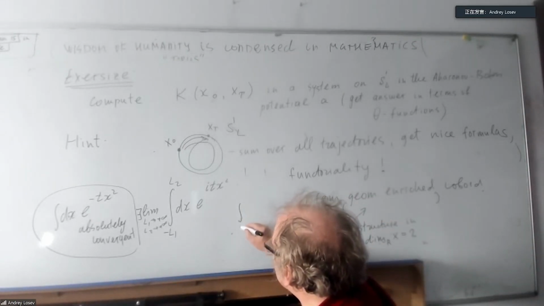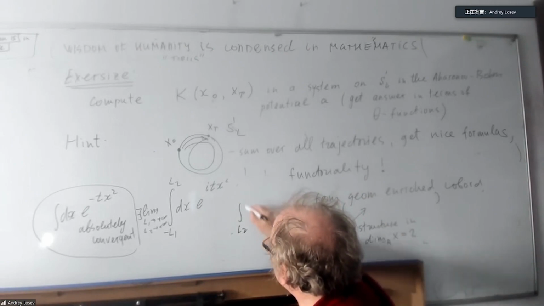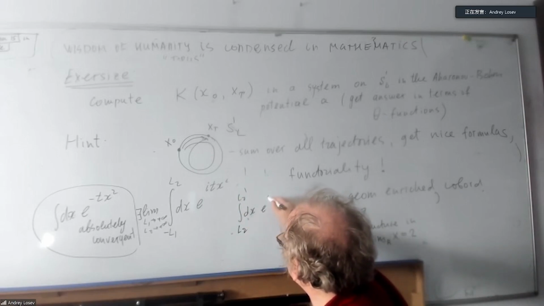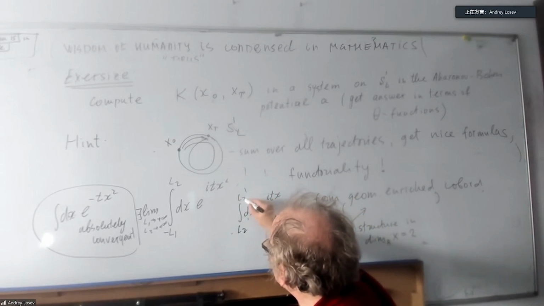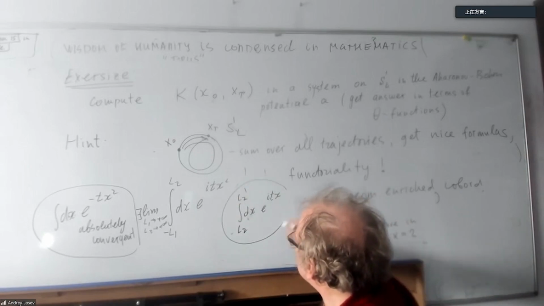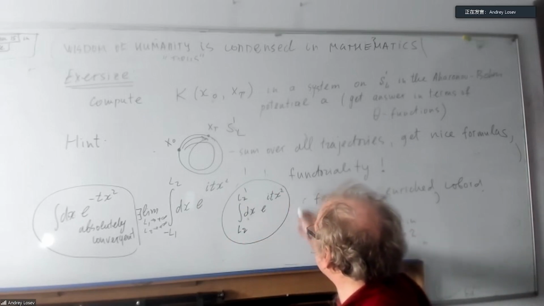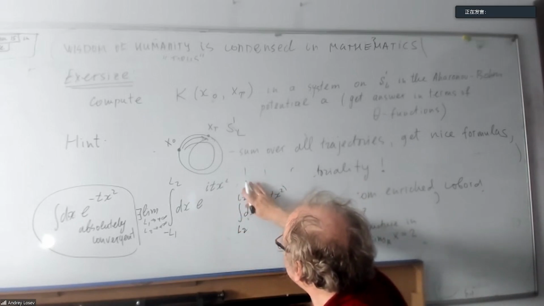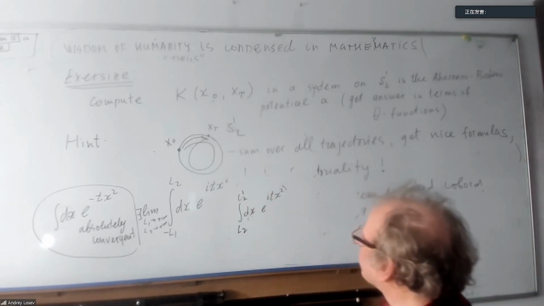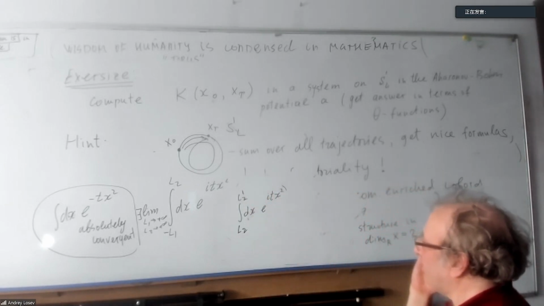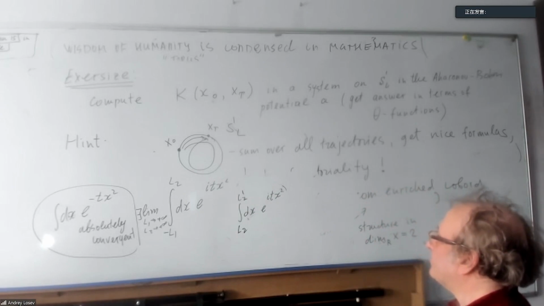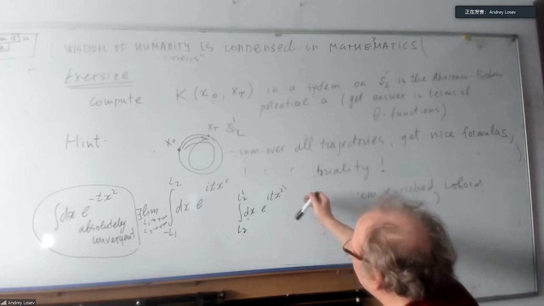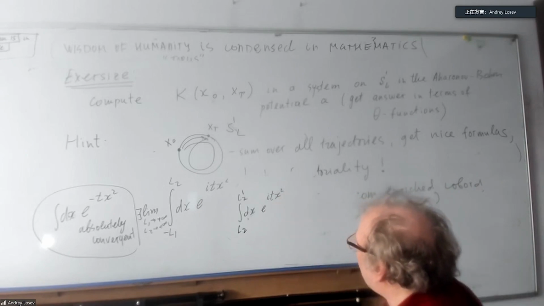So how do I know that it is convergent? Because I may evaluate from L2 to L2 prime the integral dx e to the i t x squared. So you may do it yourself by evaluating this object.